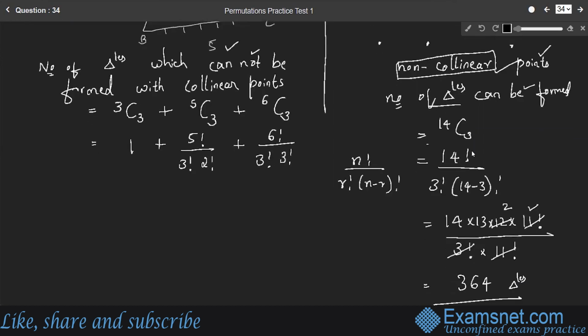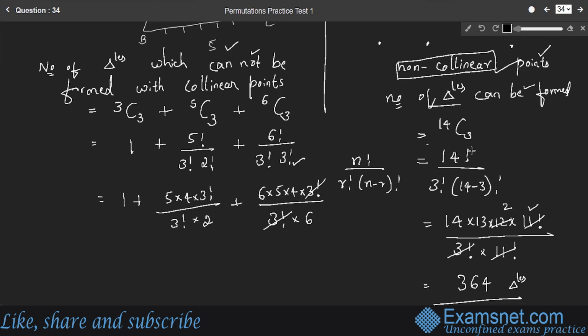So simplify it. We are just adding the number of triangles which cannot be formed. So 1 plus, 5 factorial is nothing but 5 into 4 into 3 factorial by 3 factorial into 2 factorial, which is 2 itself. Plus, in 6 factorial, we'll consider 6 into 5 into 4 into 3 factorial by 3 factorial into another 3 factorial, which we'll consider as 6.